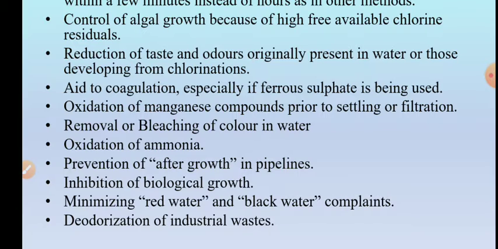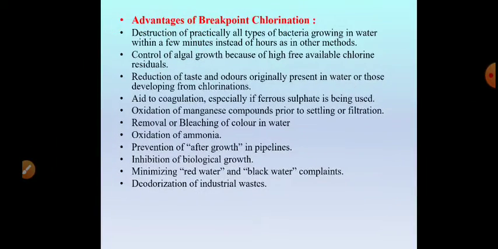It minimizes red water and black water complaints. It brings about deodorization of industrial waste. Okay, so that is all about breakpoint chlorination. Now, the other methods of chlorination are superchlorination, double chlorination, and chlorine dioxide treatment. That we will discuss in the next lecture.